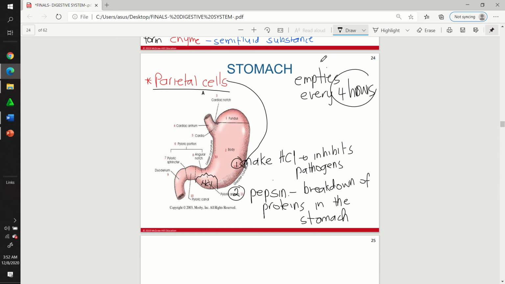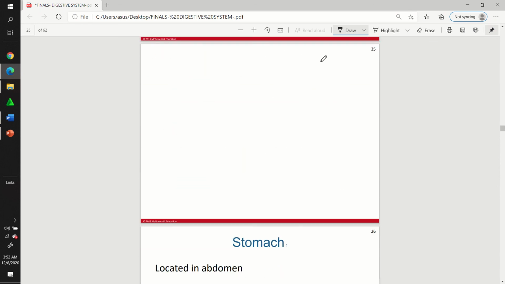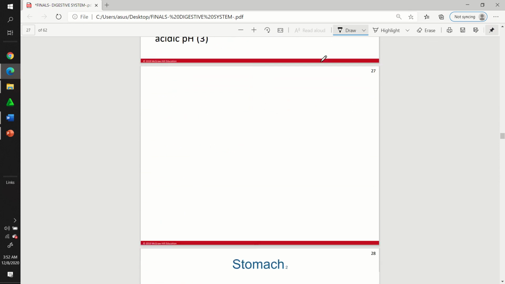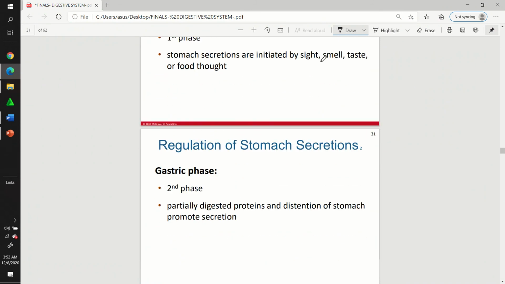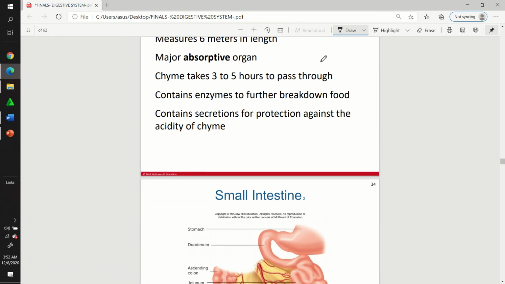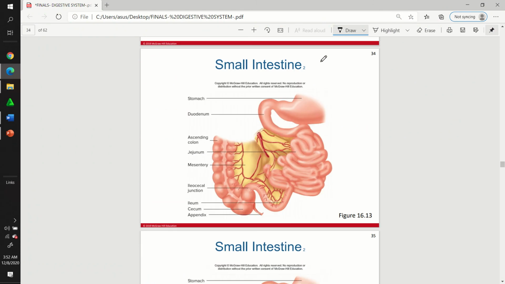Then we come to your small intestine. I discussed that already, class, so let's skip this. What is happening to your small intestine?